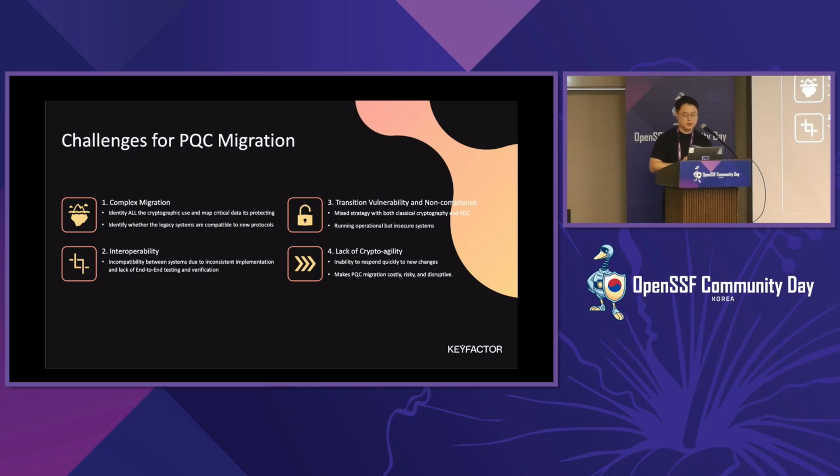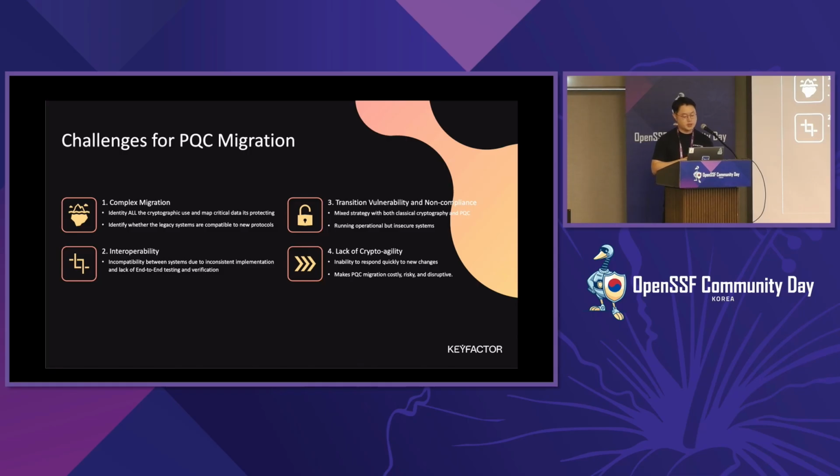Number 3 is transition vulnerability. The transition or migration will likely take a few years. So how can we ensure that some systems migrate to quantum-safe algorithms while some are not? How can we monitor those systems, monitor the vulnerabilities, and ensure compliance for critical systems?